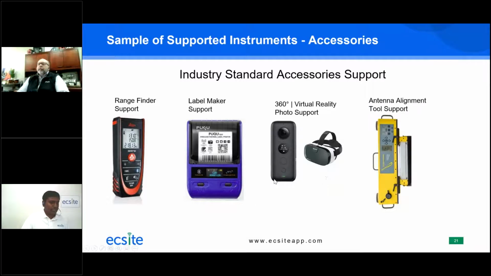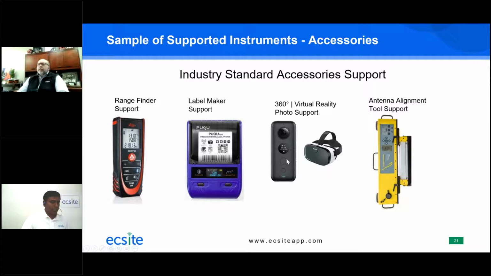And we integrate accessories like a laser distance meter. The usefulness of the laser distance meter, for example, is that if you point to an antenna and you know the EIRP from that antenna, then we can calculate the path loss and do pass-fail for CW testing or walk tests automatically. So that's a level of integration that we have.